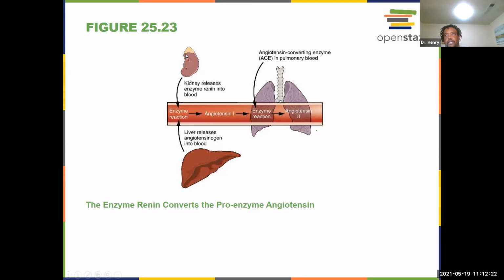So the kidney is responsible for actually releasing the renin enzyme, and that is responsible for the clipping of that. And so you can see this regulation, this feedback loop, where the liver is responsible for the generation of this, the kidney is responsible for this, and this guy has an effect on the nephrons in the kidney.